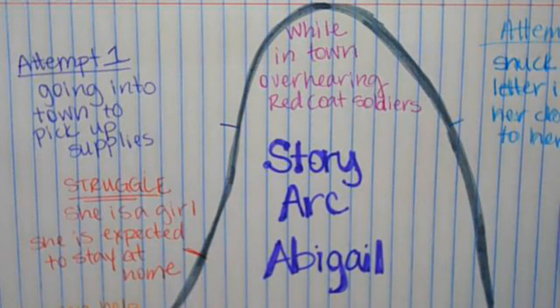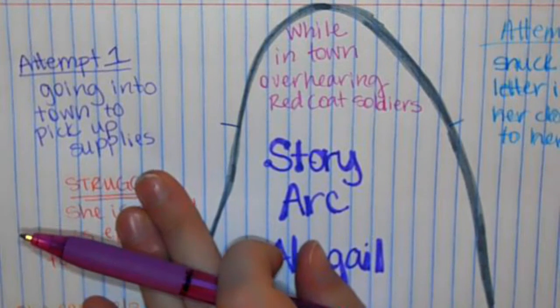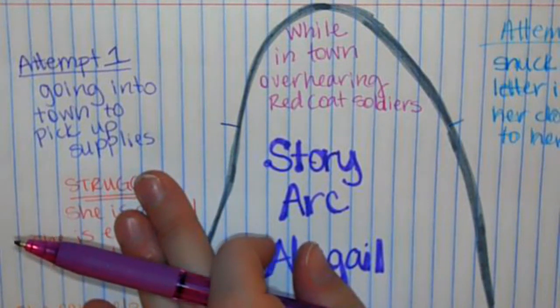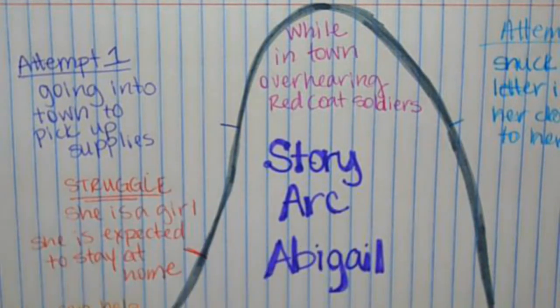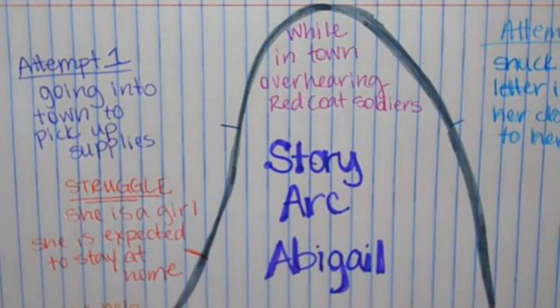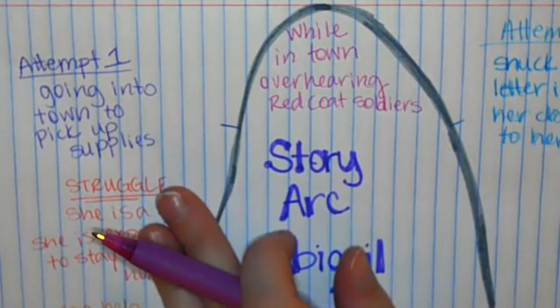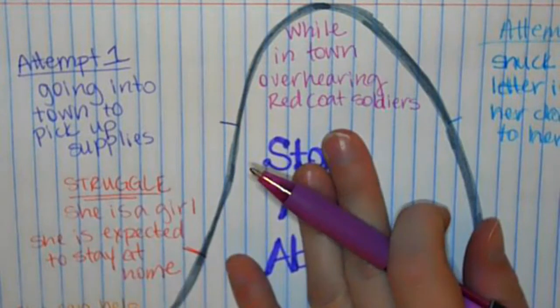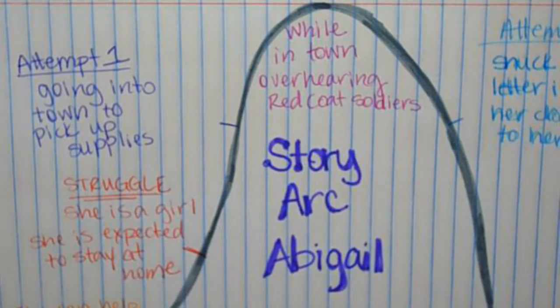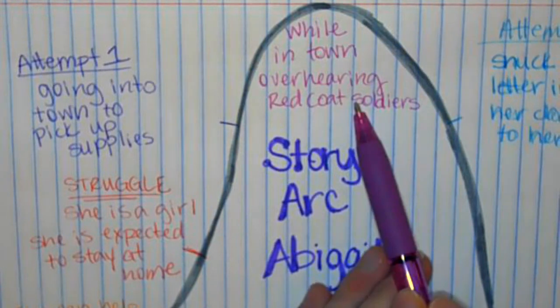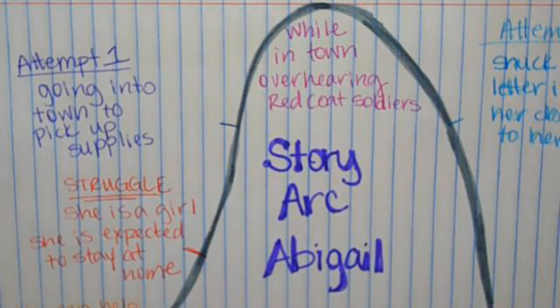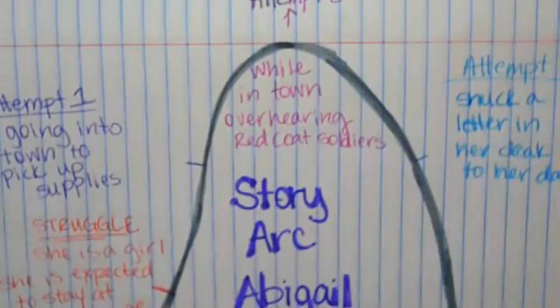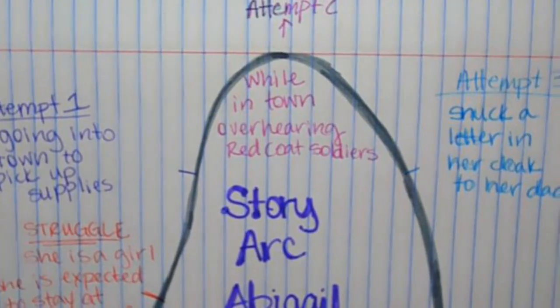All right, now that I'm looking at this, I'm going to make my first attempt. The fact that Abigail is at home, she's going to be going into town to help pick up supplies for her family because she's the oldest of 5 kids. So she would be the person that mom would be sending in to be picking up supplies. And then as she's doing that to help participate or to be useful or help out more, while she's in town, her attempt 2 is she's overhearing some of those red coat soldiers, and they could be saying something.